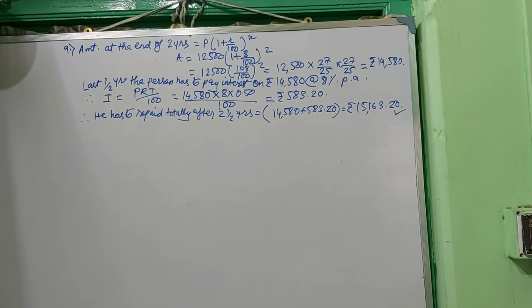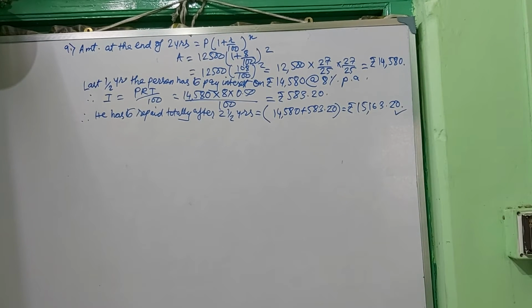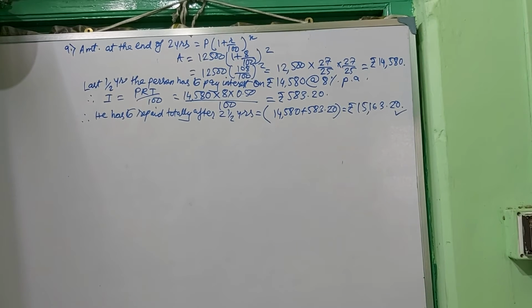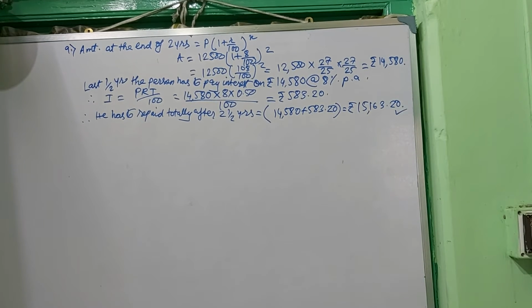So this is one of the sums for today, and the next sum I'll do today also, which is sum number 10, or example 10. It says: find the compound interest on 10,000 for 2 years if the interest is reckoned half yearly.